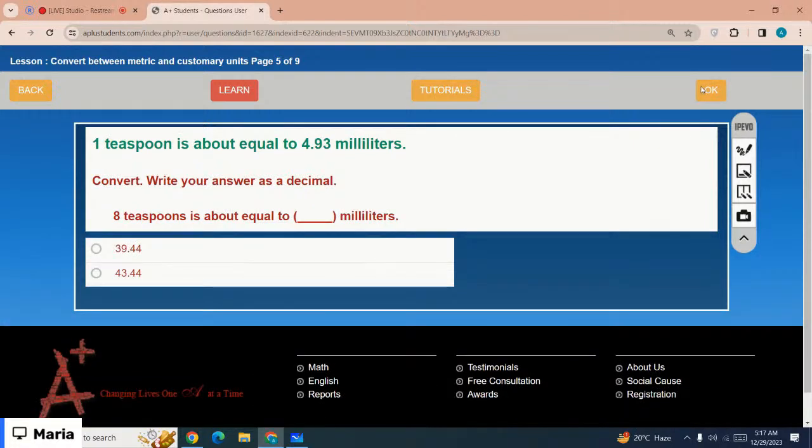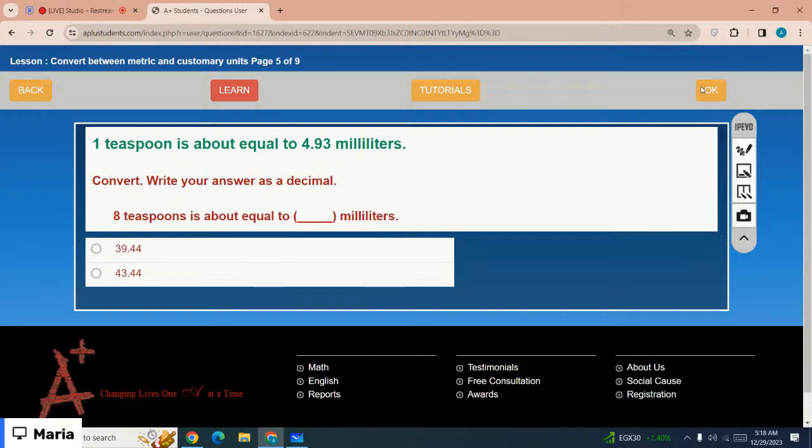1 teaspoon is equal to 4.93 milliliters. Convert, write your answer as a decimal. You have to calculate 8 teaspoons. So which is the correct option? 8 teaspoons is equal to how many milliliters?